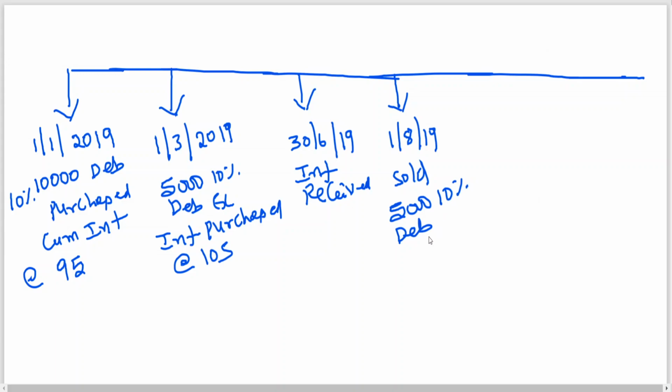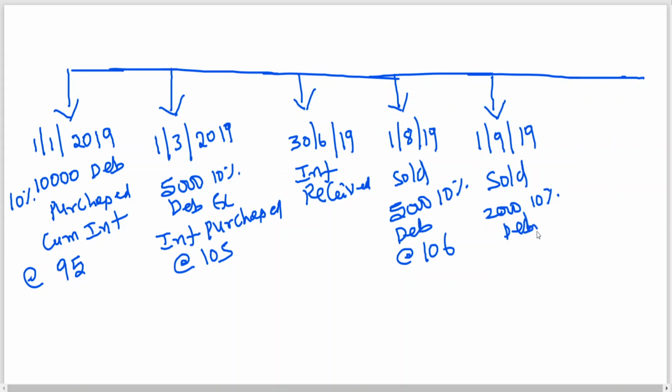Sold 5,000 10% debentures at the rate of 106. Then September 2019, sold 2,000 10% debentures at the rate of 105.